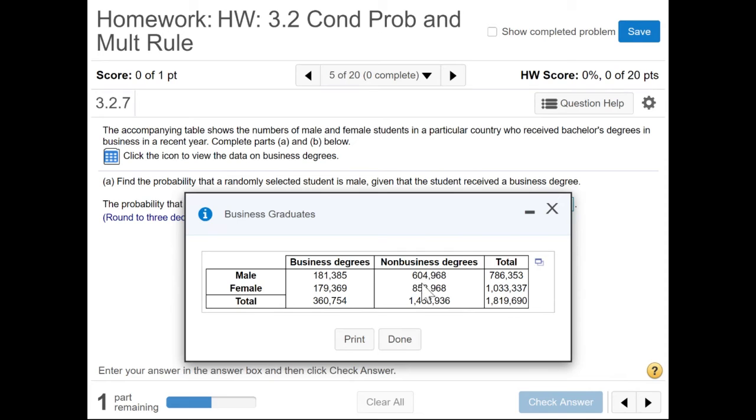And then it tells us male and female non-business degrees and total. This total over here, 786,353, that's the total males. The 1,033,337, that's total females. And then down here, you can see the total of all the people, males and females, is 1,819,690. That's your total people. So that would be like your bottom number.